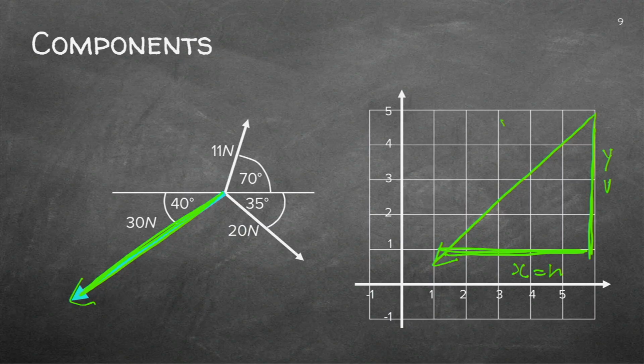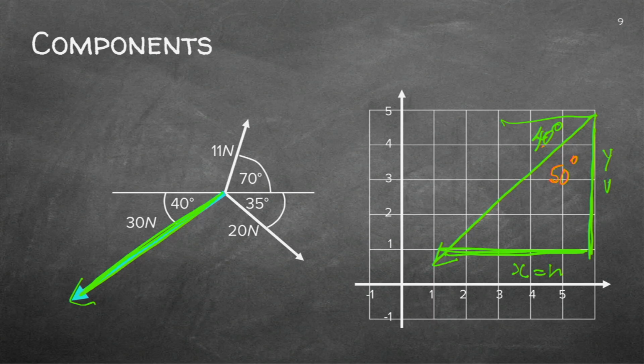And again, I've got that angle as 40, and make sure that you use your math. If I'm working in this triangle, I would say that is 40, this angle would be 50. You have to think exactly how you're going to approach this by using your trigonometry or your math.